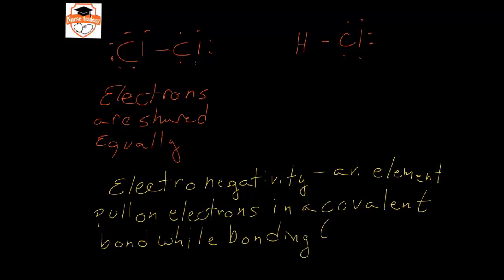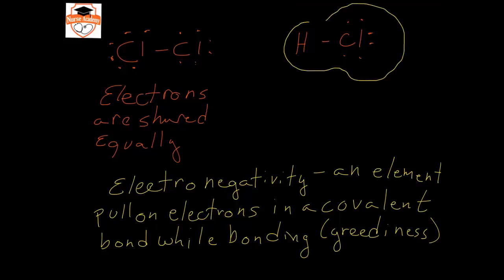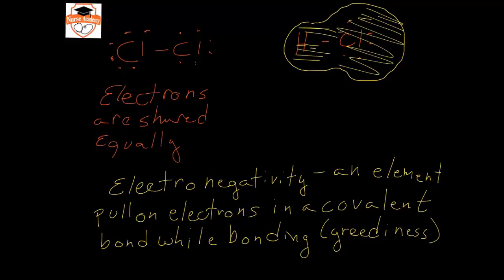Now, chlorine, being on the right-hand side of the periodic table, is about the third greediest element there is, or the third most electronegative element there is. And so when we draw the electron cloud for this compound, we're going to see that there's a very small amount of electron density on the hydrogen side, and there's a much greater amount of electron density on the chlorine side.